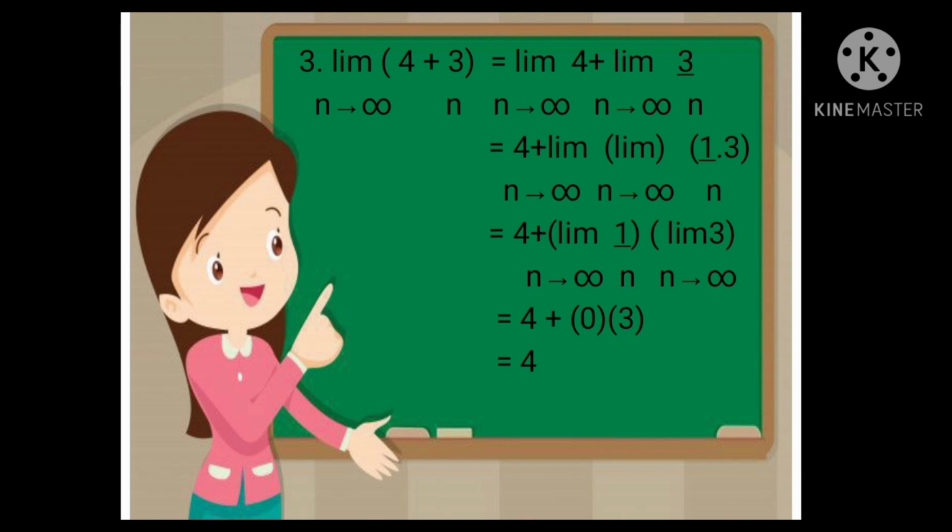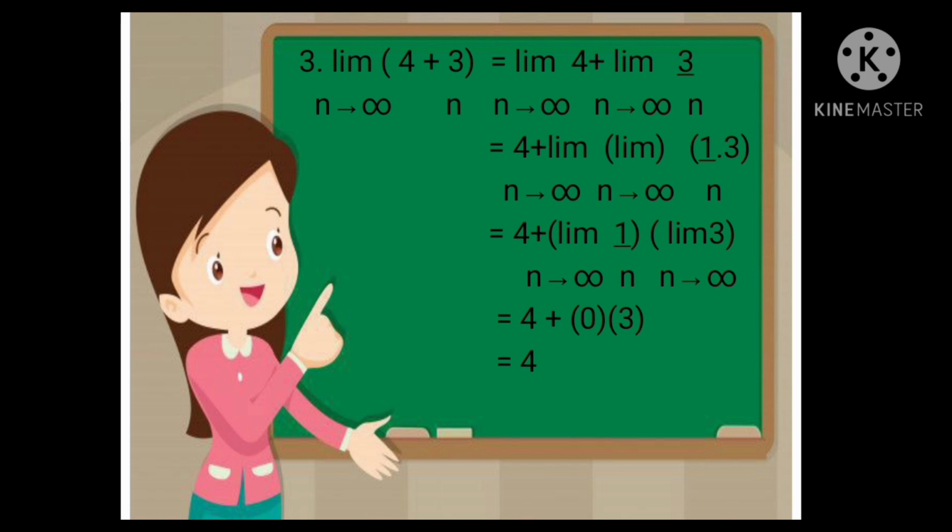Last, the limit of 4 plus 3 over n is equal to the limit of 4 plus the limit of 3 over n as n goes to infinity. So 4 plus the limit of 1 times the limit of 3 over n as n goes to infinity.